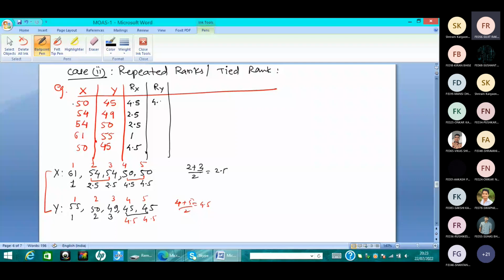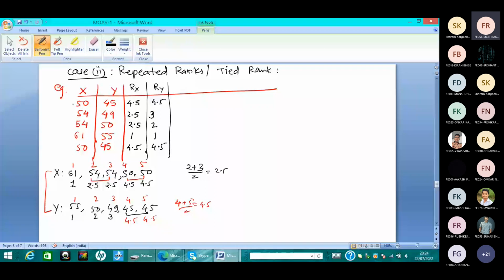Then 50 is having second rank. Then 55 is having the first rank, and this one 45 is having 4.5. There is no relation between 45 and 4.5. Okay, this is totally upon the ranks. So there is no logic that there is 45, divided by 10, there is 4.5. No logic there. Okay, the logic is here, this one.